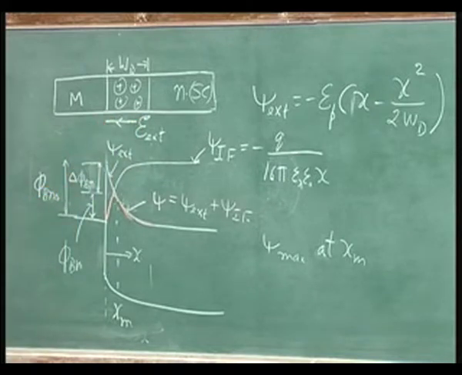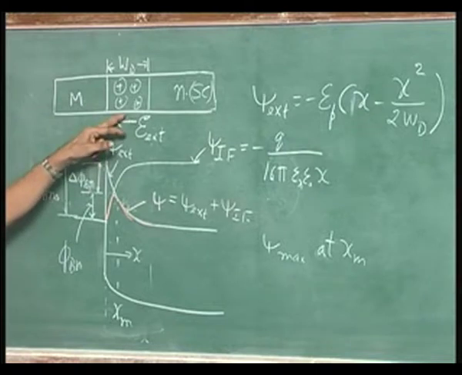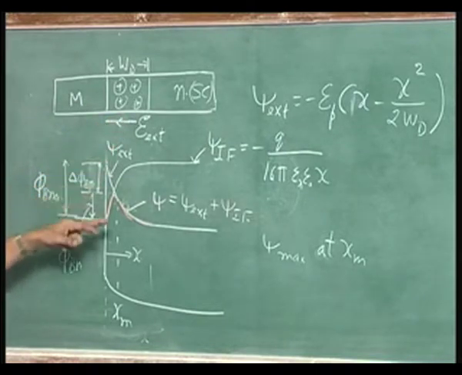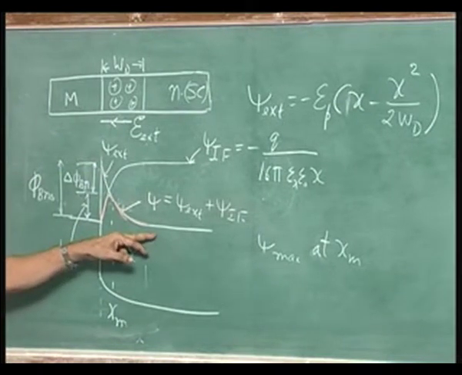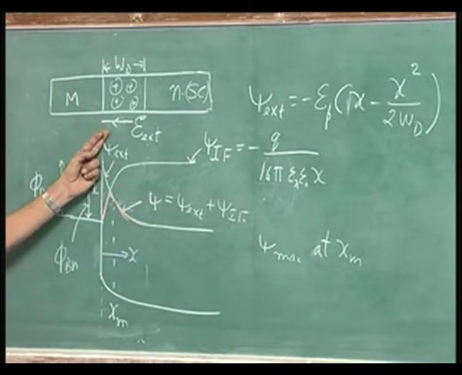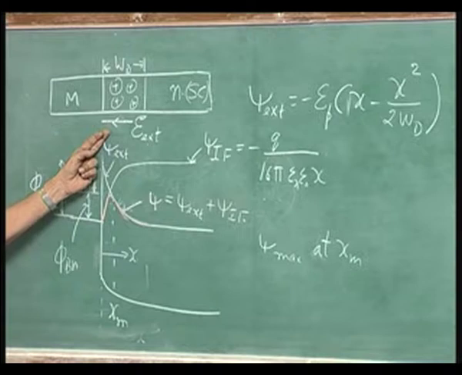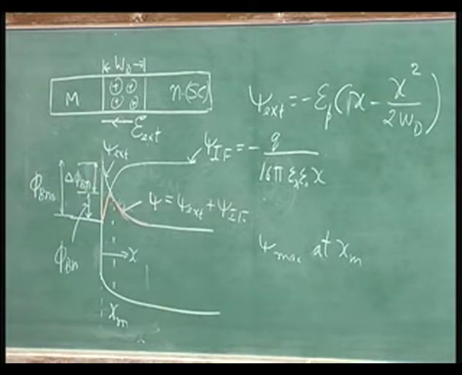If there were no depletion layer, then this would have been the only potential. Because of the depletion layer, there is an additional external force acting on the electron, and that is given by this electric field E external, which is given by E peak into 1 minus x by W d. That is what we have put here.